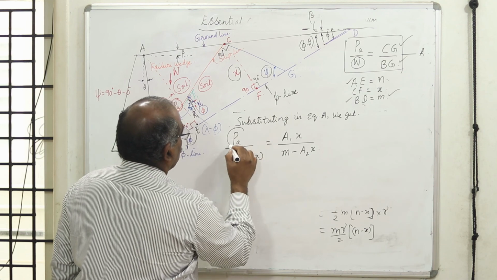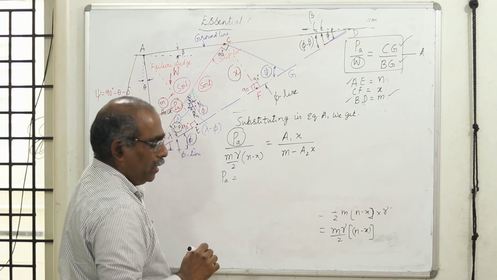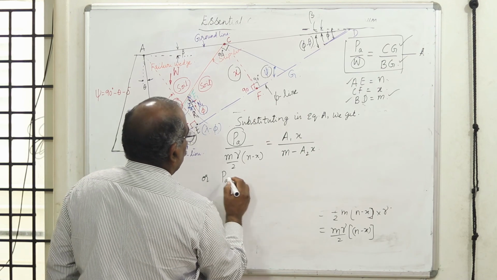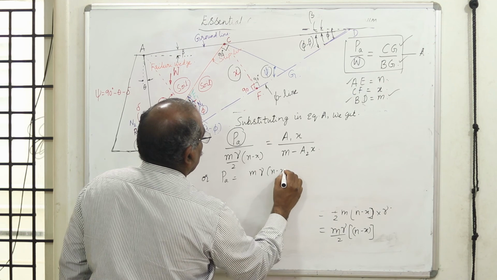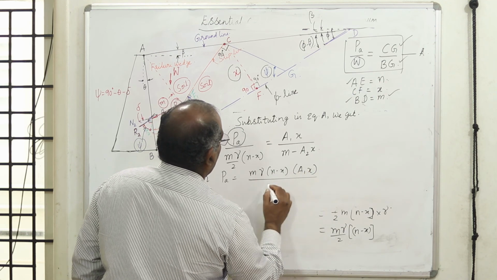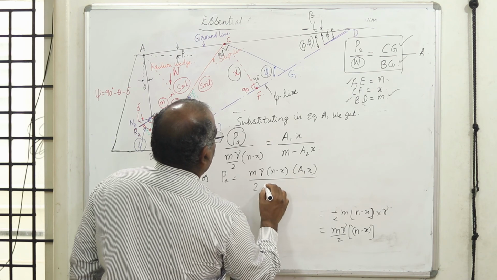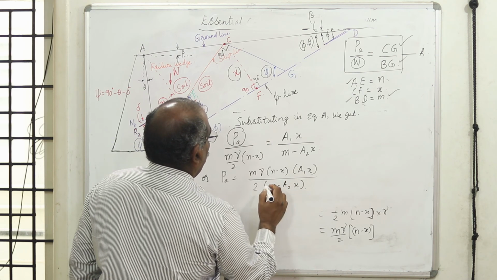Now I can try to develop an expression for PA. PA is equal to m gamma into (n minus x) into A1 into x by 2 into (m minus A2x).